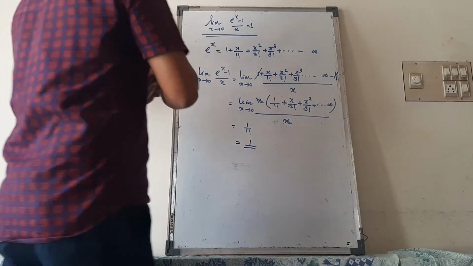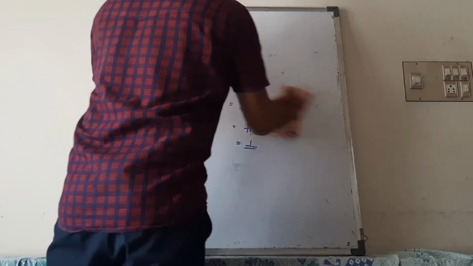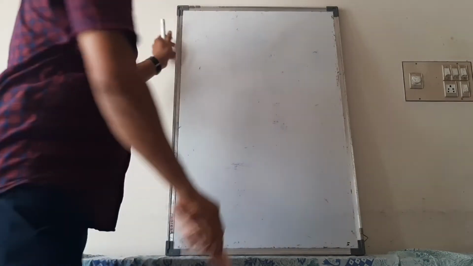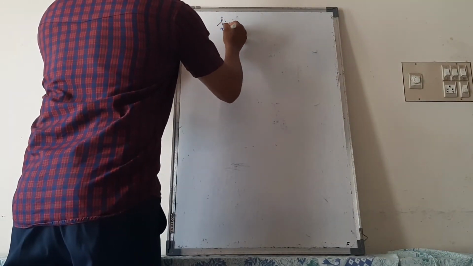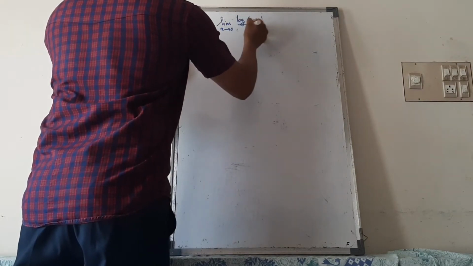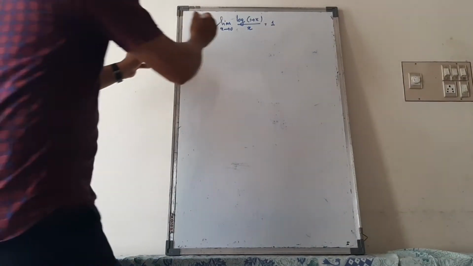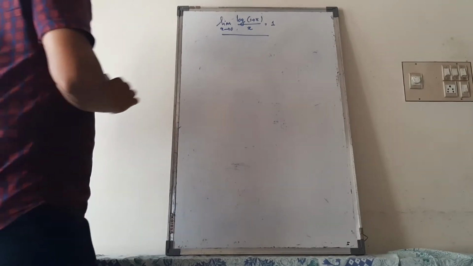Similarly, we have to prove that limit x tends to 0 of log of 1 plus x divided by x is also equal to 1. Here also I present the proof.